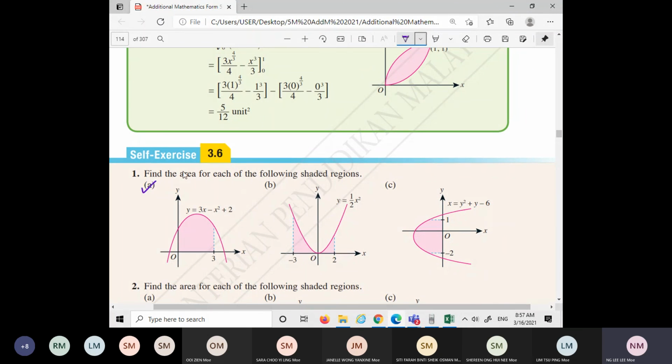We look at 1A. Lydia, on your mic. Yes, teacher. Look at 1A. You tell me how to find the area. Integrate what? y dx, x dy?